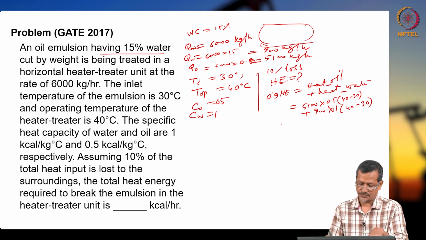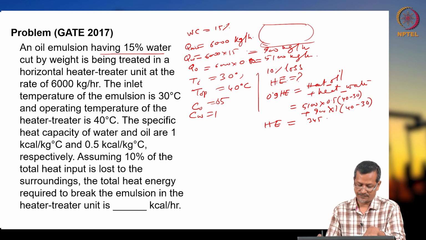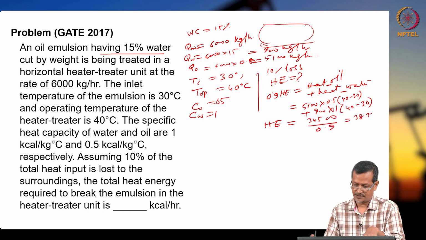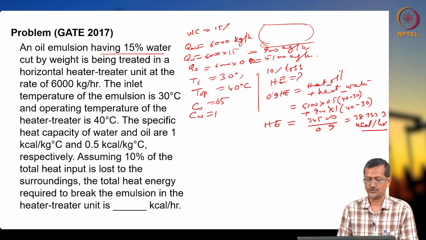So this total is coming 34500, divided by 0.9 equals 38333.3 kcal per hour. Okay, so this much heat energy should be input.